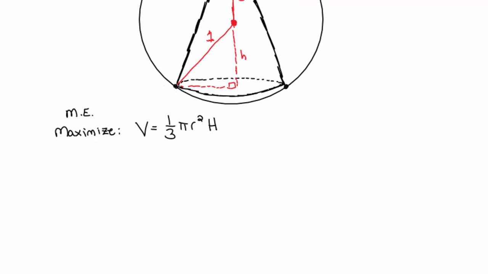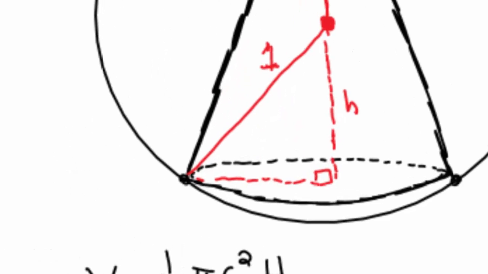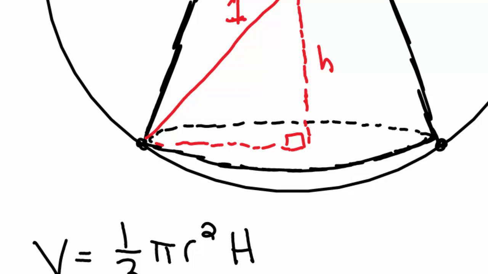The relating equation here takes a little bit of creativity, not too much though. I need some way to relate capital H and little r squared. Now take a look at our picture. I'll zoom into it here. For the volume of a cone, little r is the radius of the base.